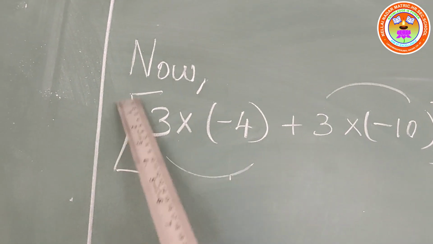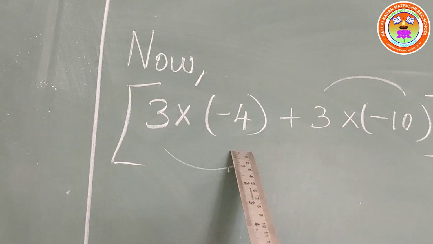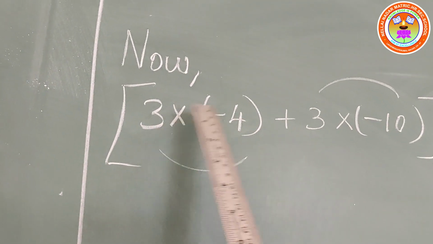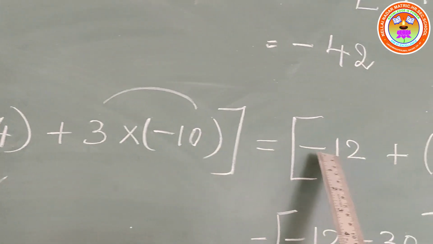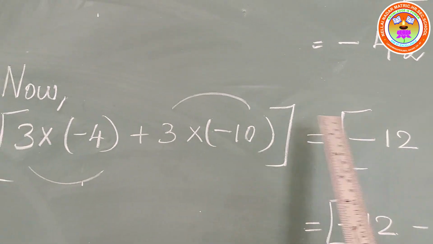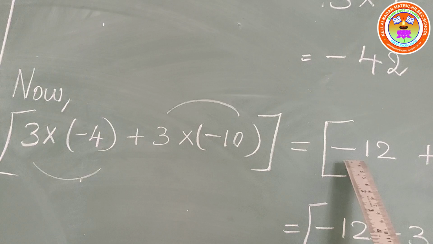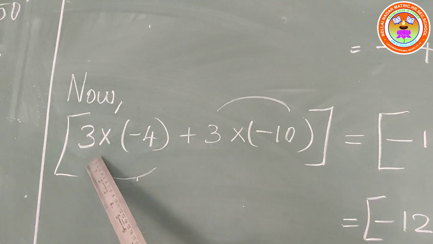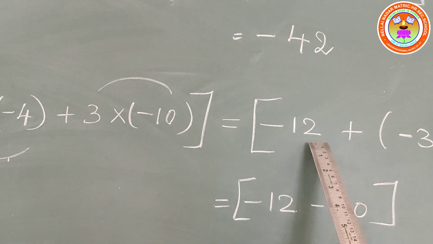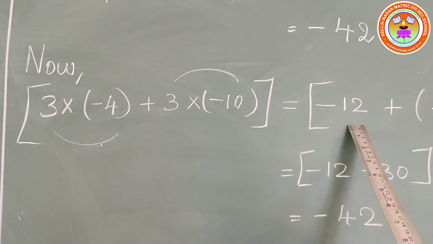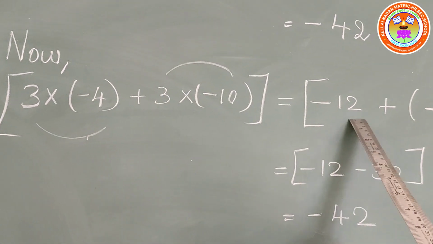So first let me do the calculation for 3 into minus 4. 3 4s are what? 12. When minus is there, you have to write minus 12. So 3 4s are 12, along with the minus, it is minus.